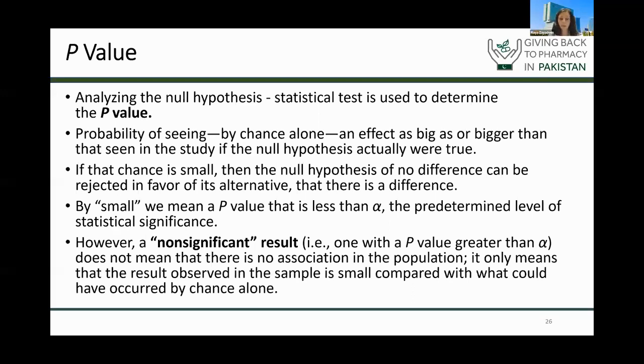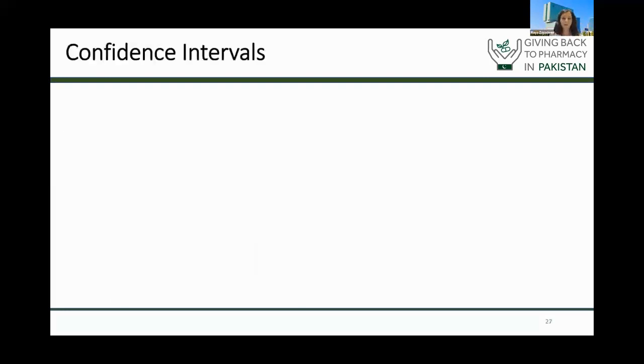Now, a non-significant result, like a p-value greater than 0.05 or greater than your alpha, does not mean that there is no relation, no correlation. It only means that it is not the effect size that you were hoping for. And again, in clinical terms, even a negative or a non-significant result is still a result.